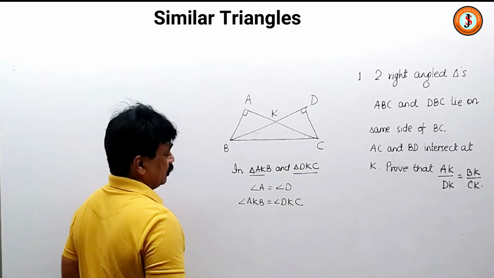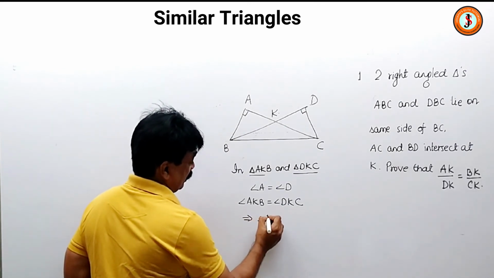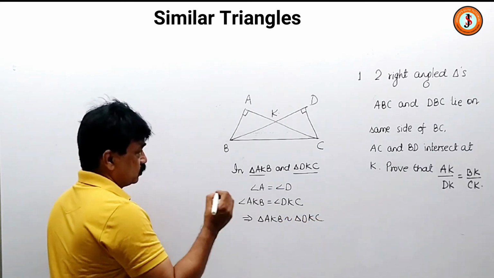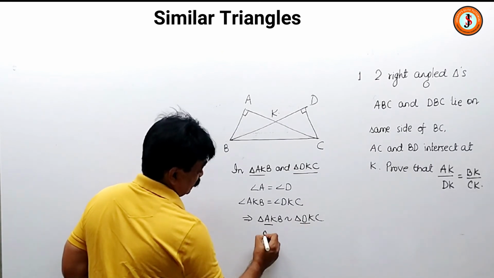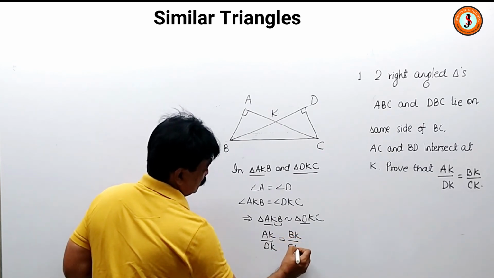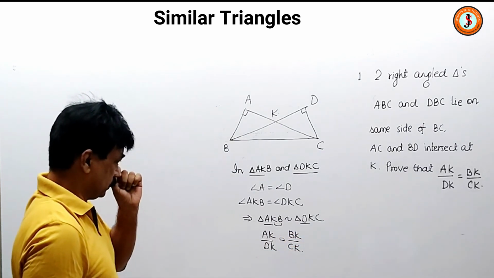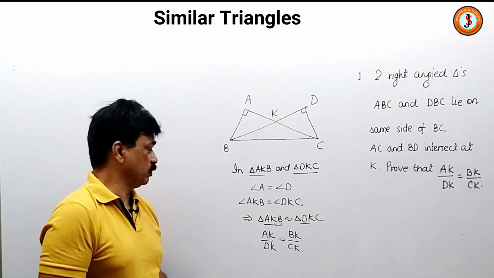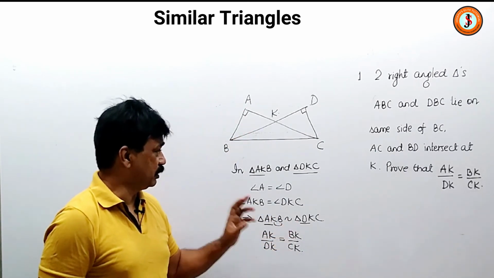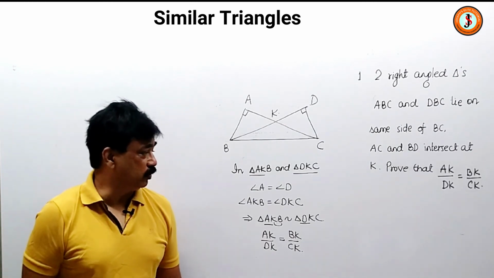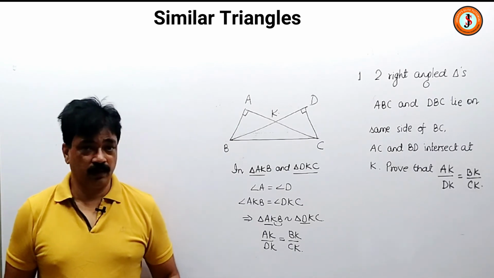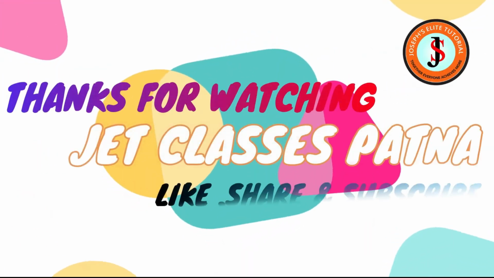So this implies that triangle AKB is similar to triangle DKC. So this means AK by DK is equal to BK by CK. So AK by BK is equal to DK by CK. Alright, so this is proved. So thank you.